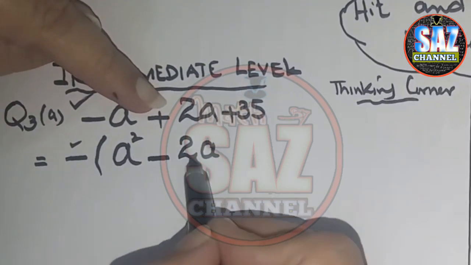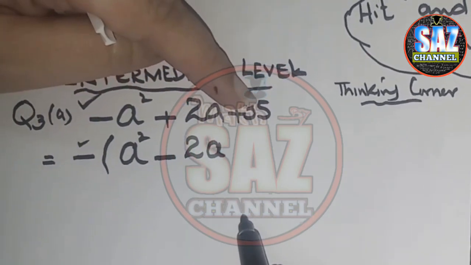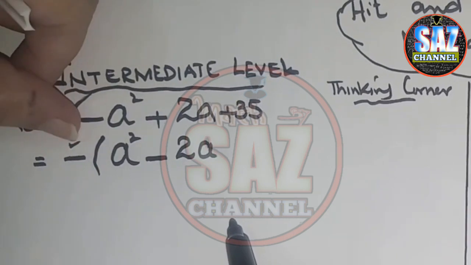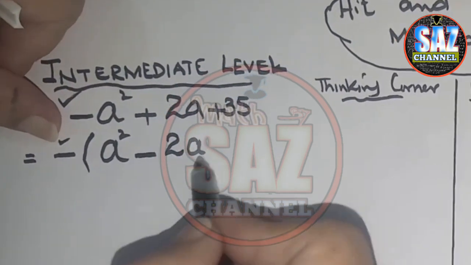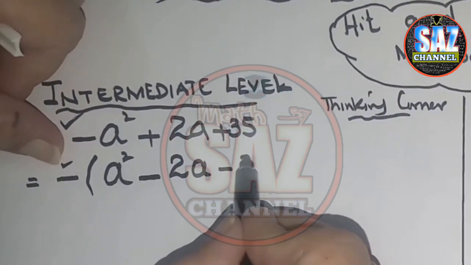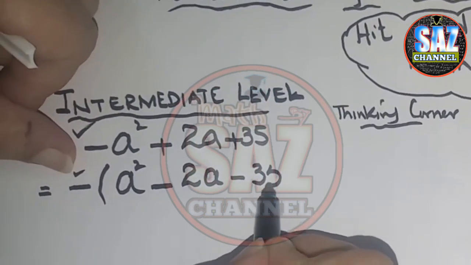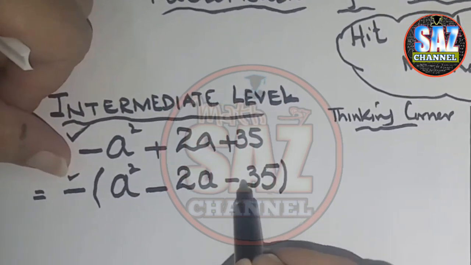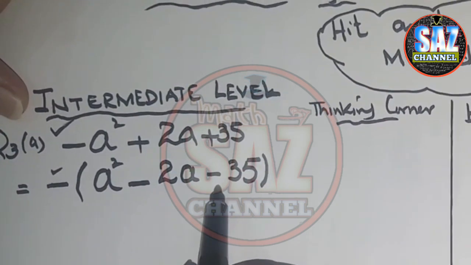Coming to the third term, positive 35, as I have extracted the minus sign out, I write minus 35.